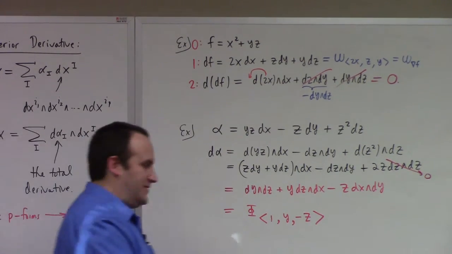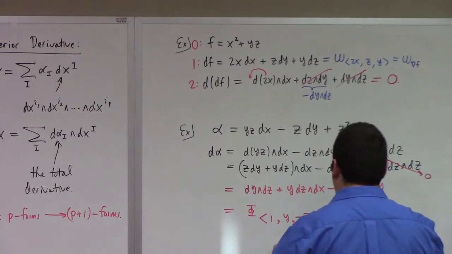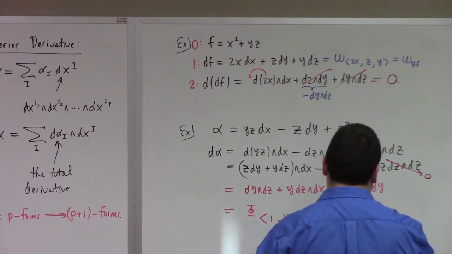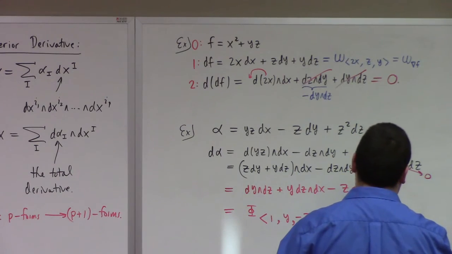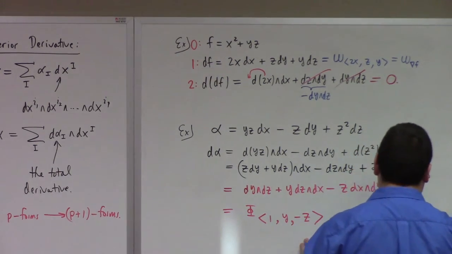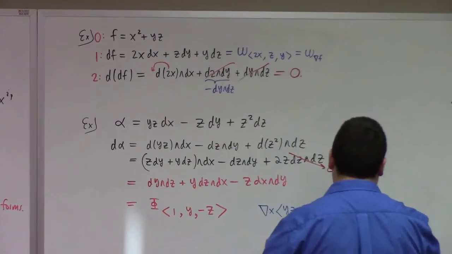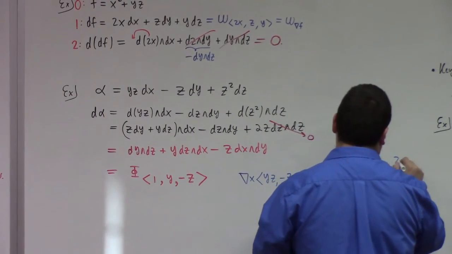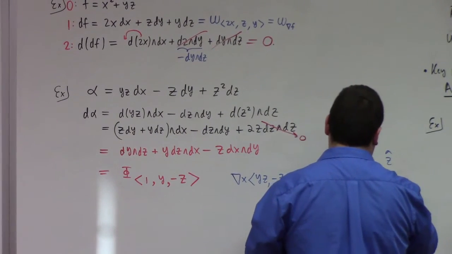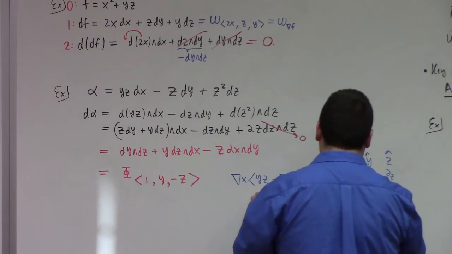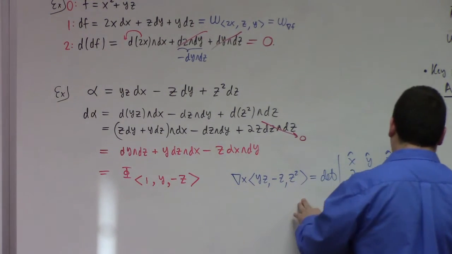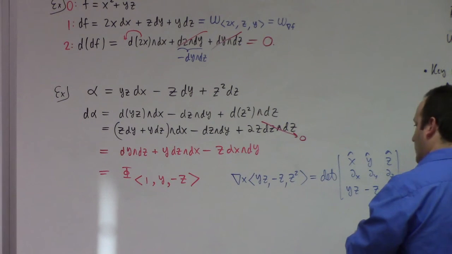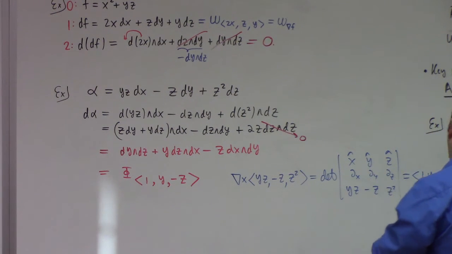I know you guys aren't going to believe me unless I write this out, so if you take the curl of the vector field yz, zx, z squared, that gives us the determinant of x hat, y hat, z hat, partial x, partial y, partial z, yz, zx, z squared, and that is going to give you 1, y, minus z.